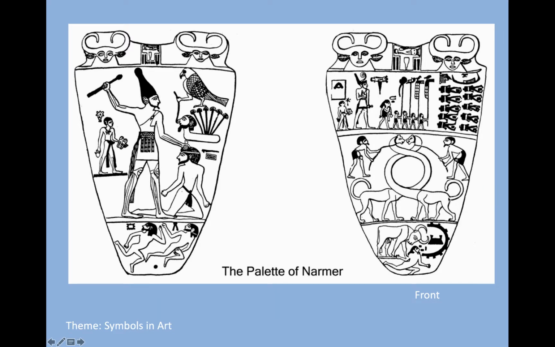Now we come to this middle part, and this middle part is really cool. These are lionesses. Why do they have the long necks? Because it's an attempt to show what they see Narmer having accomplished. One of the lions symbolizes Lower Egypt, and the other lion symbolizes Upper Egypt.